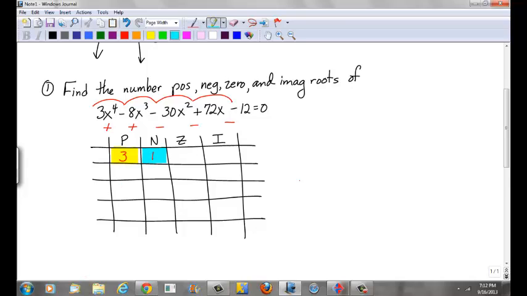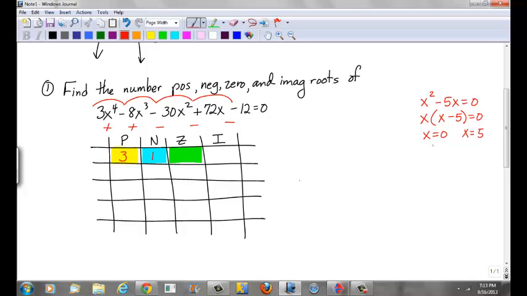The 0 roots. Okay, to get this box, you look and see, this goes all the way back. I'll give you an example. If I had something like x squared minus 5x equals 0, what's in common there would be an x, and you'd factor it, you'd have x times x minus 5, and then x equals 0 would be 1 zero root, and x equals 5 would be the other root.